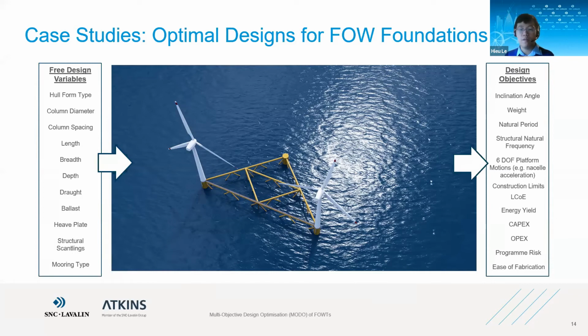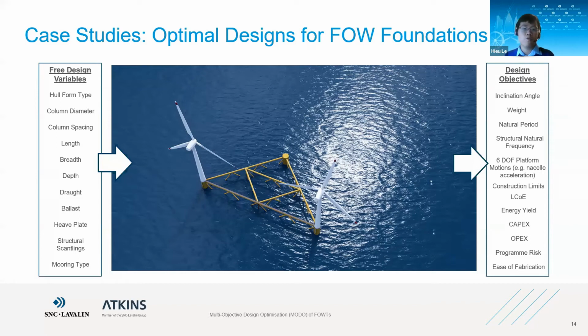And then once the hull type is determined, for example semi-sub, you start to consider the column diameter, the column spacing, the overall dimensions, the length, breadth, depth, and then go on to the ballast, the amount of ballast water, the structural scantling, and the mooring type. And then on the objective side, there are multiple objectives that you want to consider.